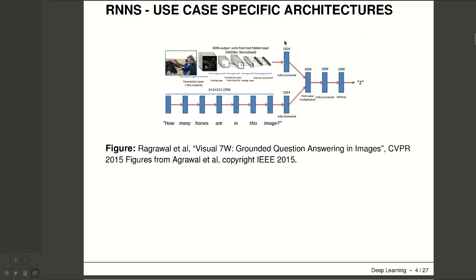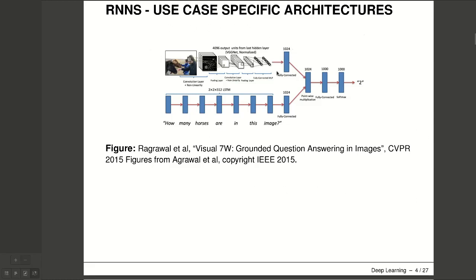Here the network has two paths. One path is composed of CNN layers for understanding local and global features from the input image, and the other part of the network is composed of LSTM layers, which process the question.